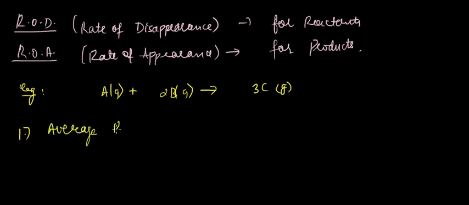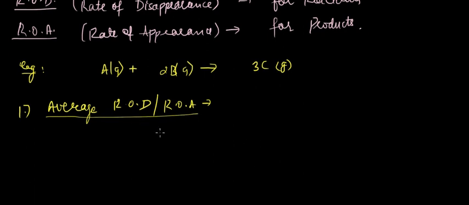So average rate of disappearance or rate of appearance, we can write it like something. So first of all, it is defined by macroscopic time interval.